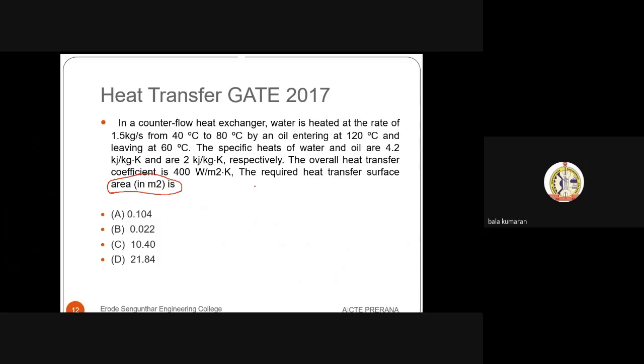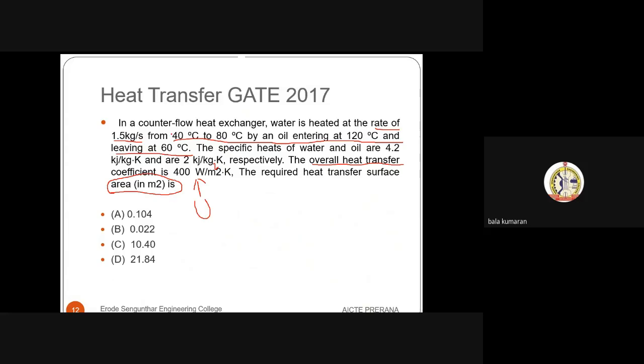Overall heat transfer is nothing but U. U is 400 watt per meter square Kelvin. They have been given the rate of water heat, that means mass, and two temperatures for an oil entering at 120 degrees Celsius and leaving at 60 degrees Celsius.